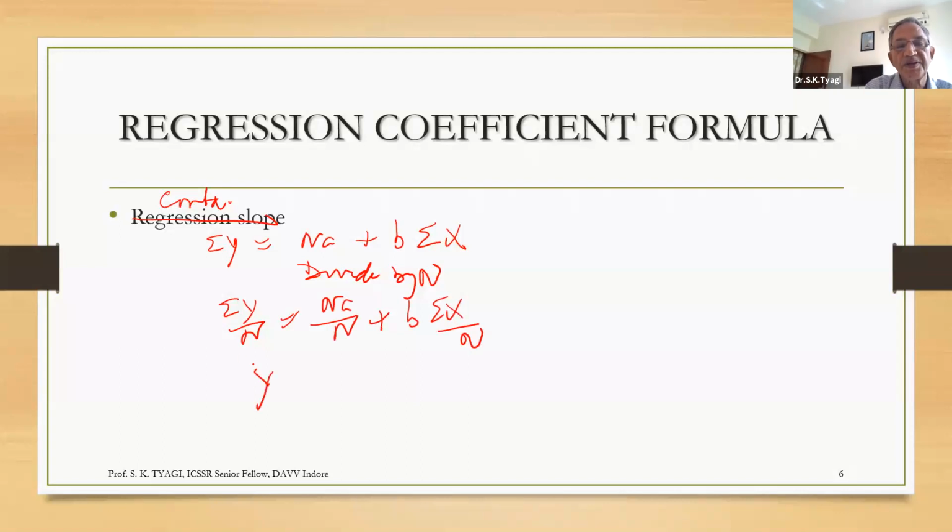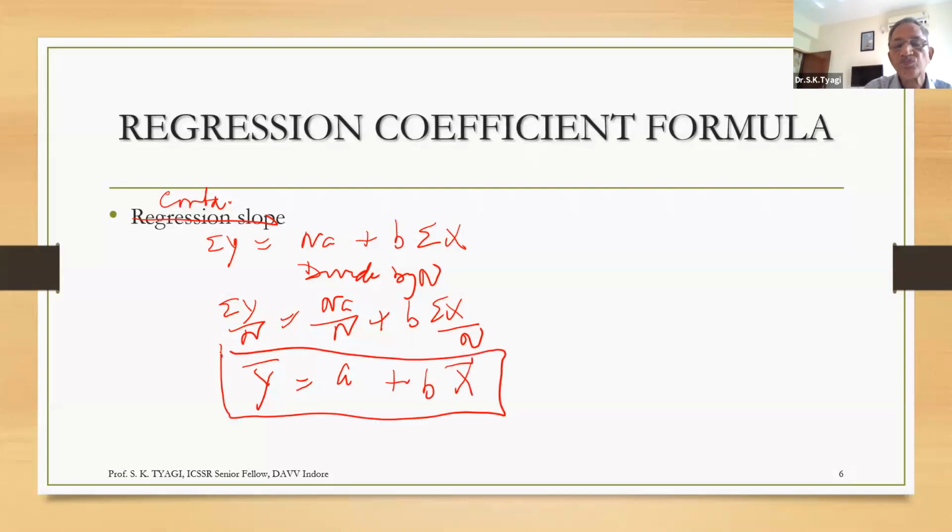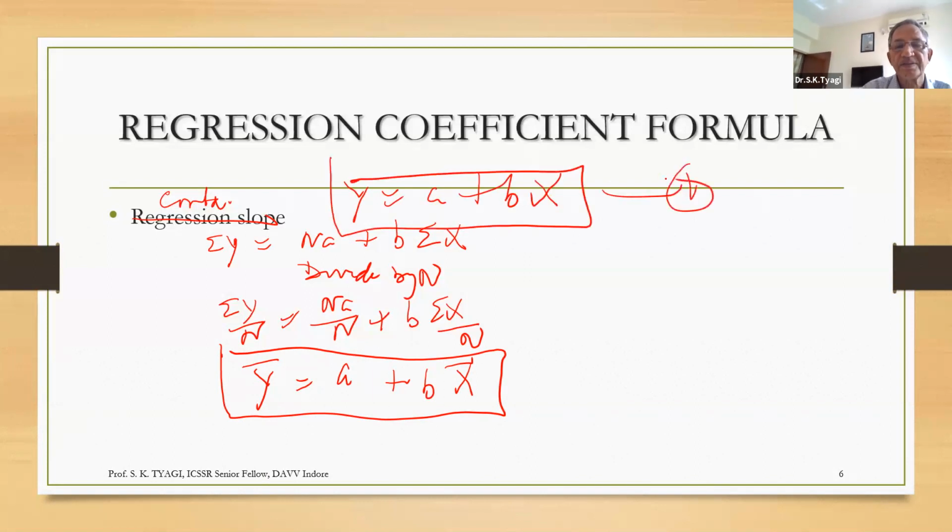This is nothing but y bar, and this is a, and this is b, and x bar. So this is the second equation. The first equation was y is equal to a plus bx. This is equation number 1, and this is equation number 2.